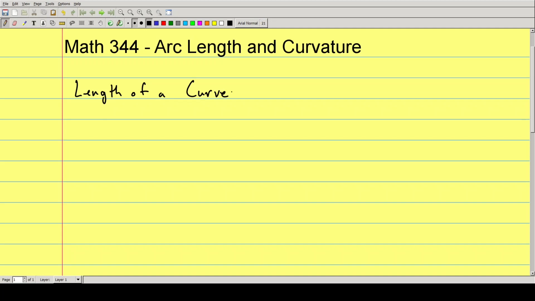All right. So for the length of a curve, this is something that came up back in Calculus 2. If we had a parameterized function in terms of f and g, we could use this expression.